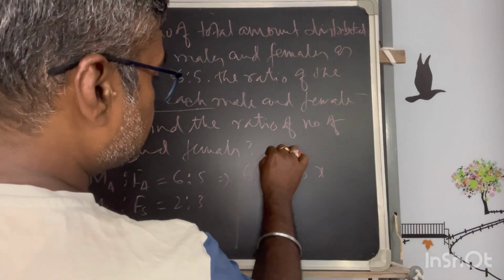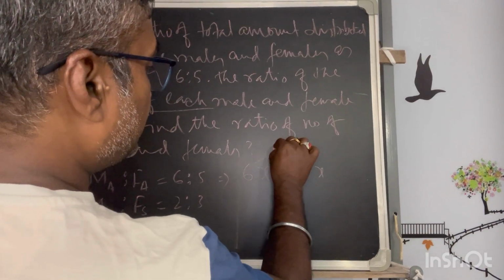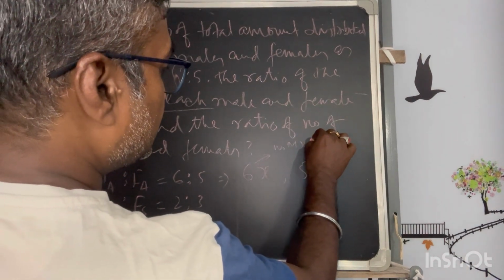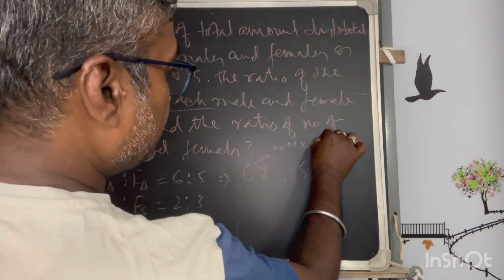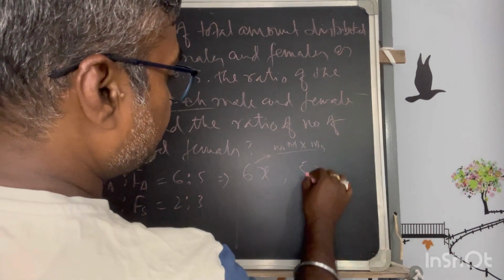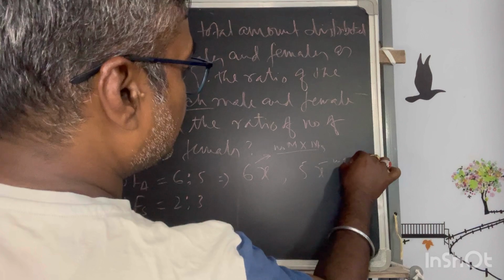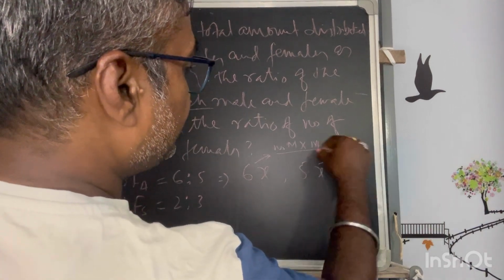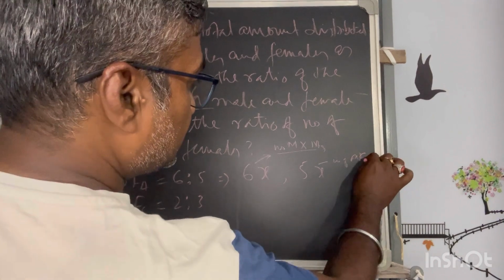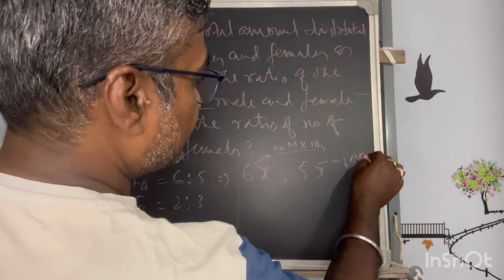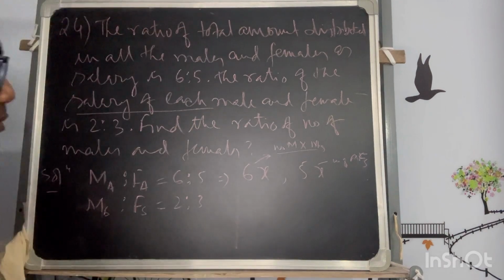So this is the cumulative: the number of males into the salary drawn by each male. This will be the equation, and this is the number of females into the salary drawn by each female, isn't it? Understood?